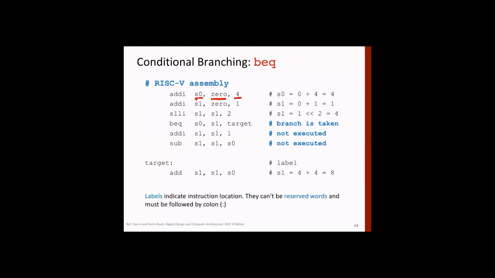Register 0 contains 0. We call it X0 also. Now I'm using the name here. So the addition of these two will result in value 4 and bring it into register S0.